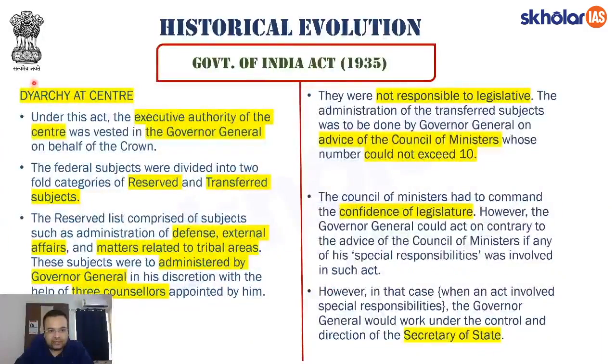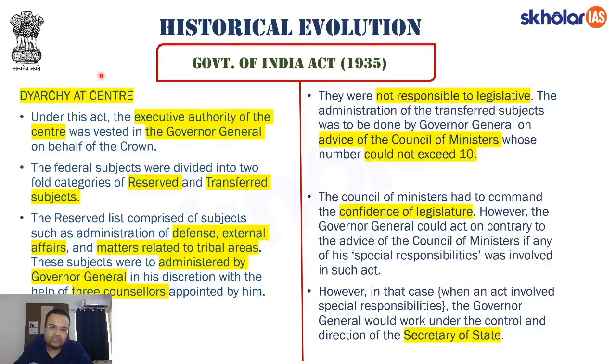Another interesting thing that had happened was that diarchy was now brought at the center. So previously it was at the provinces, but in the Government of India Act 1935, diarchy was brought at the center. This again, students, can be a question in your prelims exam, because there is a tendency on the part of the examiner to confuse you.